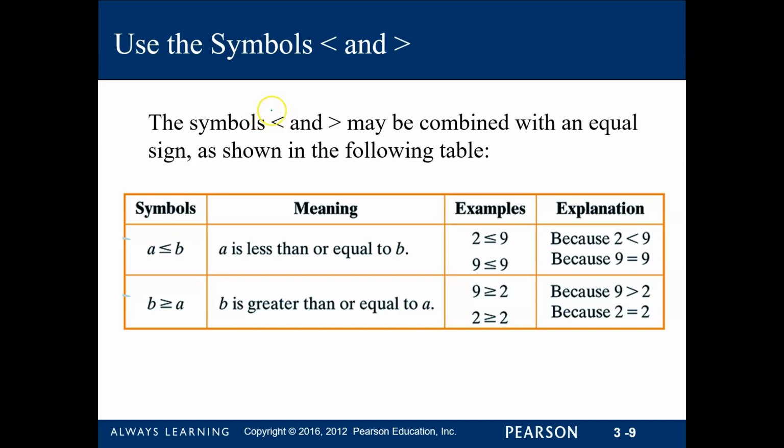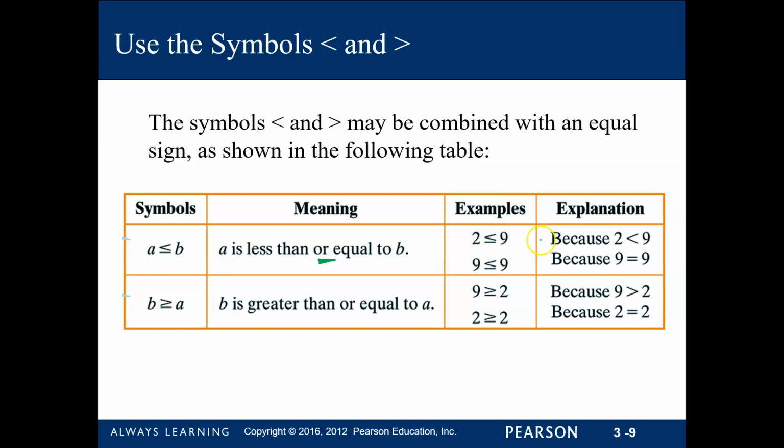When we talk about inequalities, we don't only have the less than or greater than symbols. We also have what we call the equal to versions of those inequalities. So this is read as A is less than or equal to B. What does that mean? When you have the equal to involved, it means that it can satisfy any of the two conditions. 2 is less than or equal to 9.